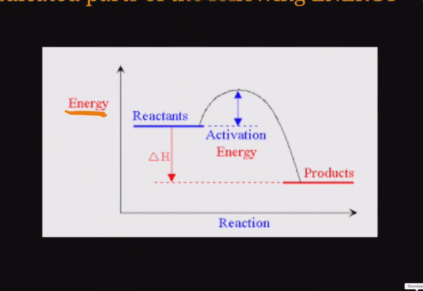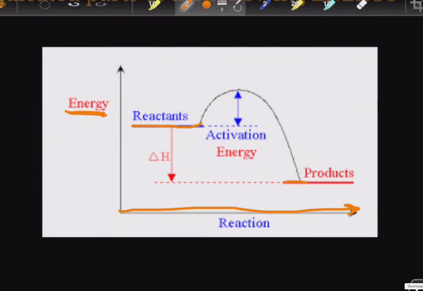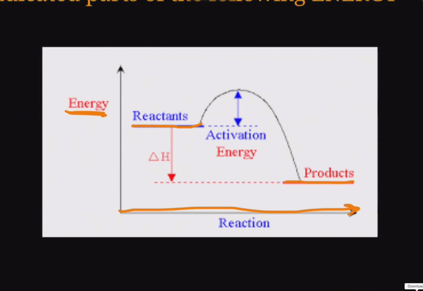The reaction progresses from left to right. The level on the left is the energy of the reactants. The level at the bottom right is the energy of the products. The difference between the energy of the reactants and the energy of the products is the heat of the reaction, the enthalpy.